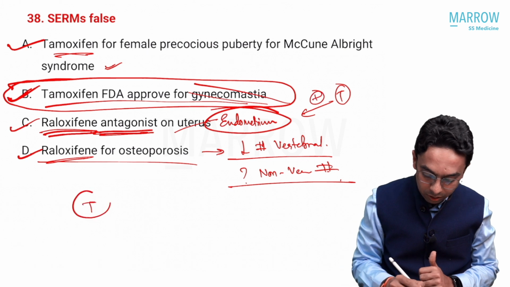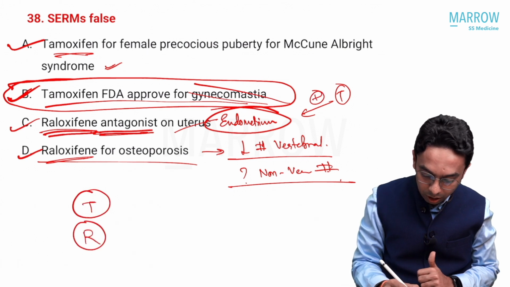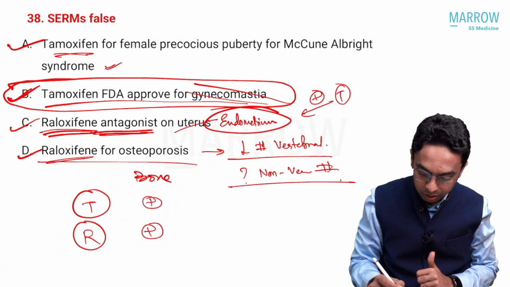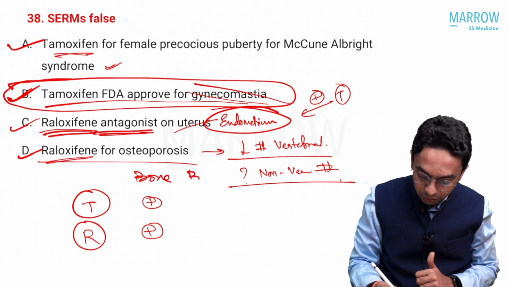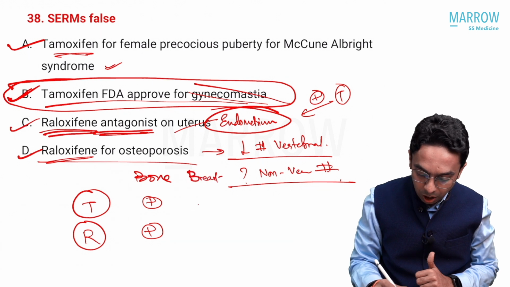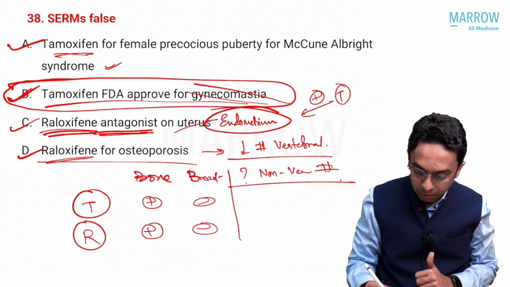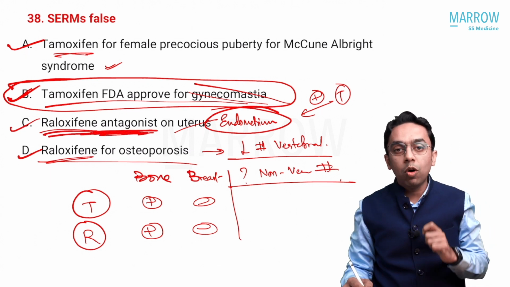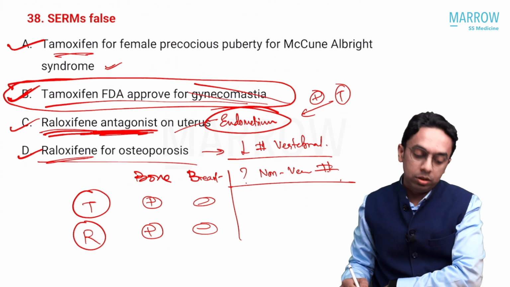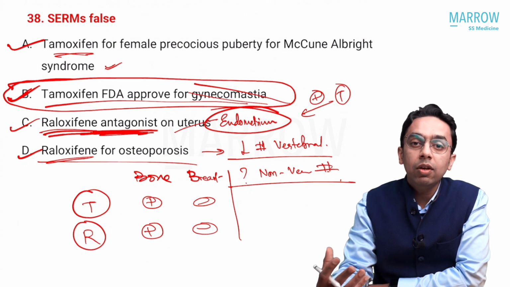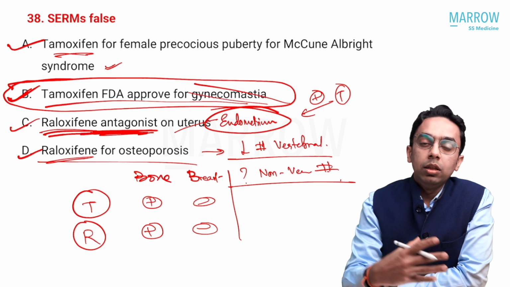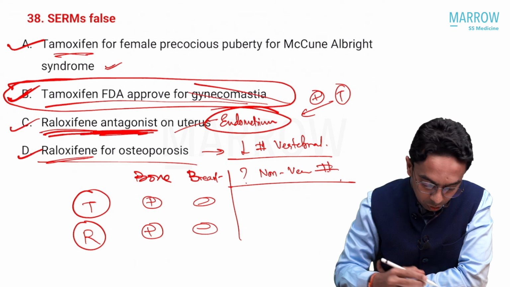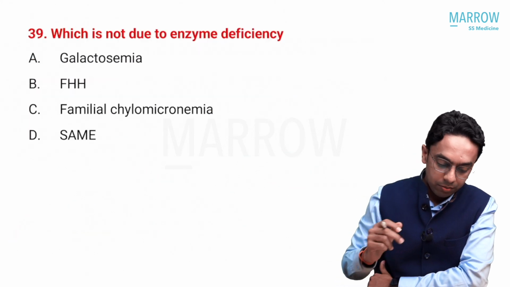So this difference is very important. For bone, both are agonists. For breast, both are antagonists, but for endometrium raloxifene is an antagonist, whereas tamoxifen is an agonist. That is why it is called a selective estrogen receptor modulator. It acts somewhere as agonist, somewhere as antagonist. This has been asked in various exams.